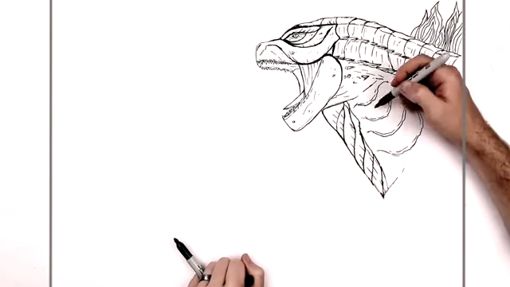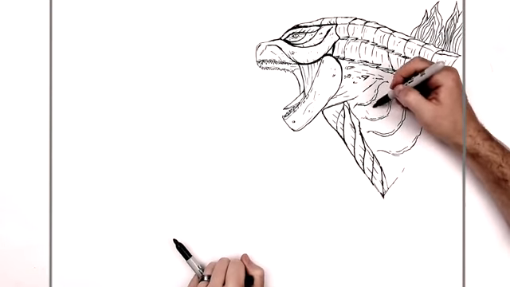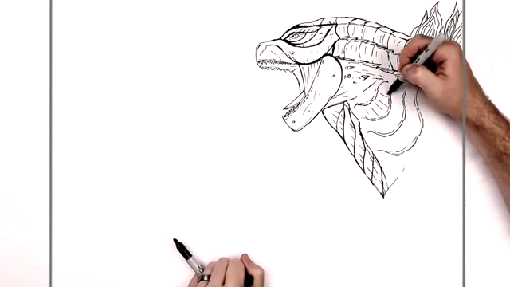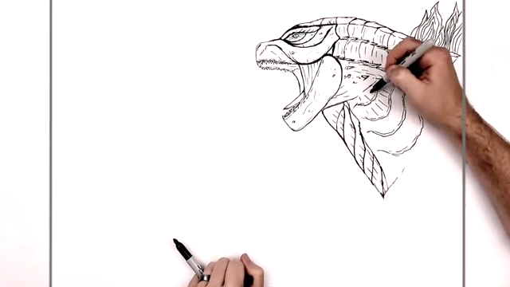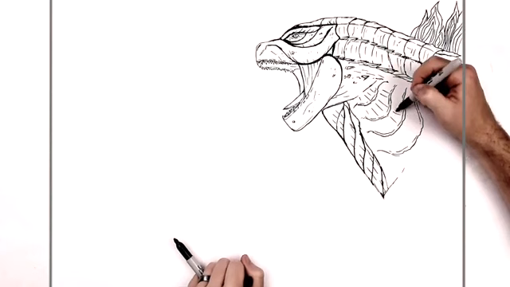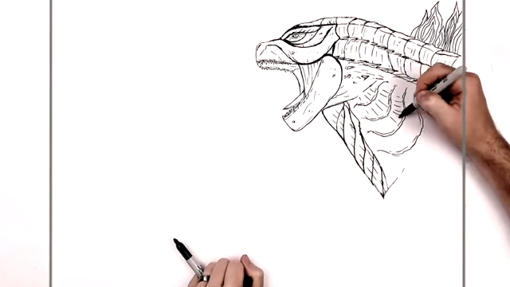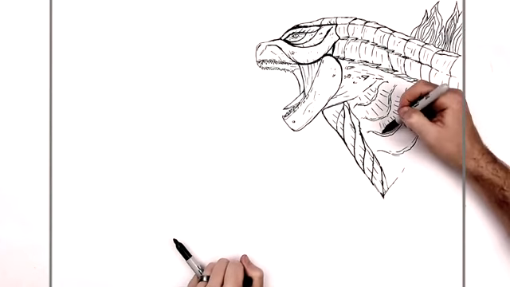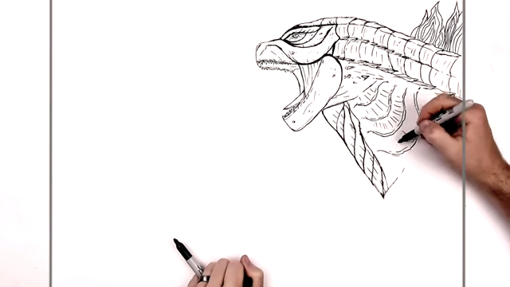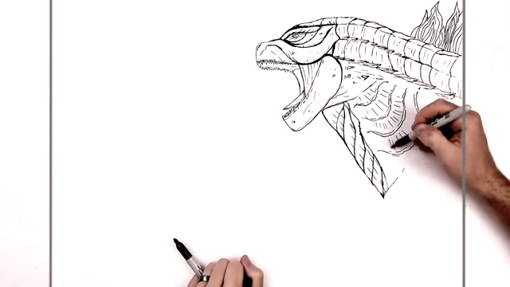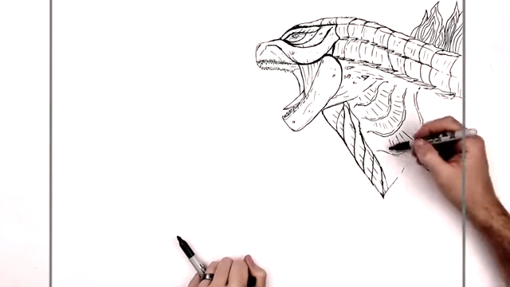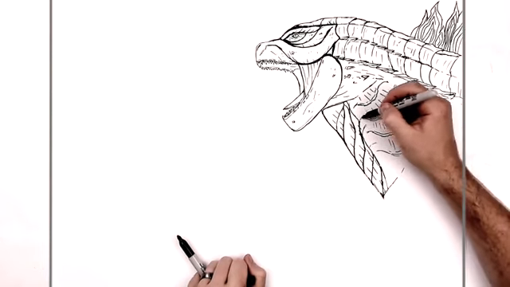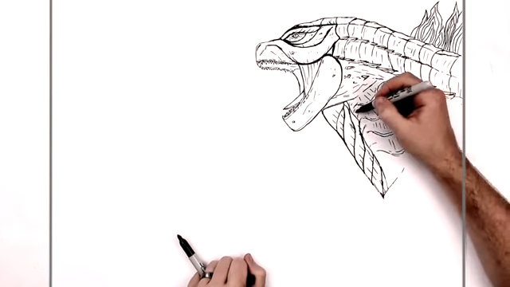So just adding texture on him now. Just trying to make him look a bit fishy, a bit like gills. More wrinkles and things on his skin.